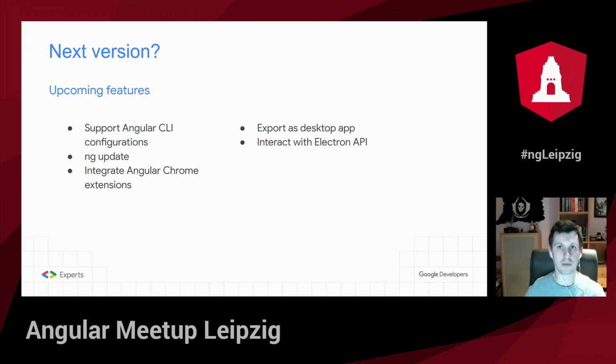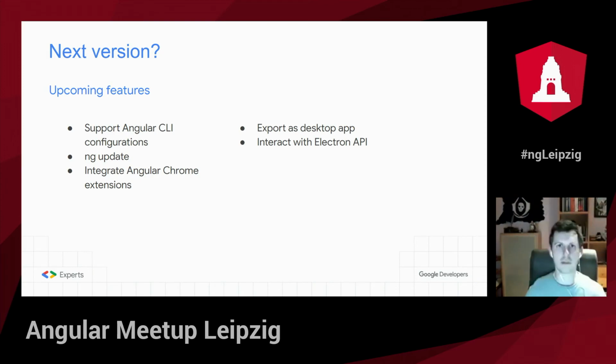So we want to be able to run the build mode or the test mode, for example, because you may want to run your tests inside Electron. Then we want to implement the ng update so that the update of the library is seamless to the user, and integrate some Chrome extensions so that you can make better debugging, for example, install Augury inside the browser window.